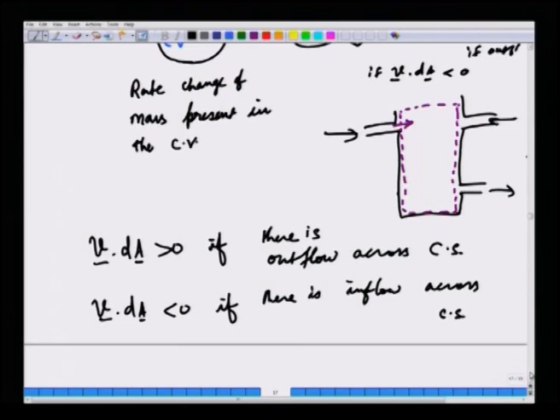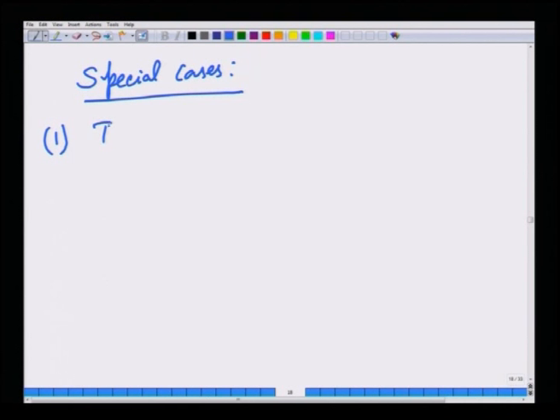Now, let us try to simplify this in some special cases. That is the most general form of the mass conservation equation for a CV. Let us simplify it for some special cases. First, let us simplify this for an incompressible fluid.